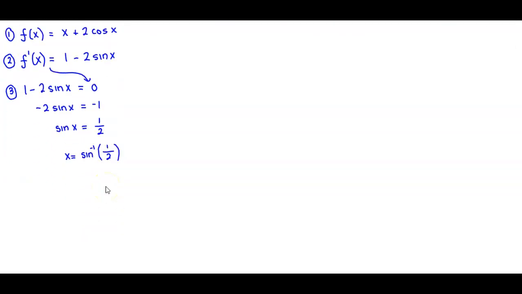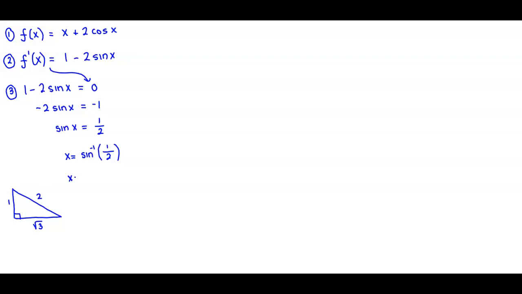Now remember that you're dealing with a triangle where the value of y is 1, and we know the value of r is 2. Therefore, the other side is going to equal the square root of 3. So let's determine what x is.